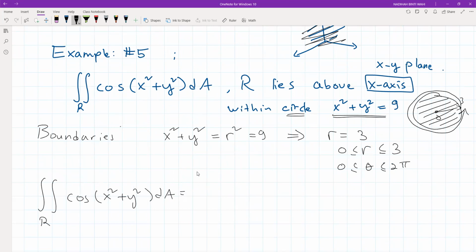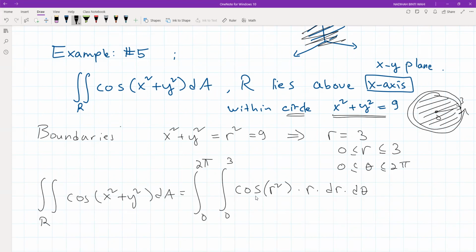So this is just from 0 to 2 pi, from 0 to 3, cosine of r squared, berhati-hati sikit, times r dr d theta. Okay, this is not a coefficient, this is just the input function for cosine. So be careful for that.